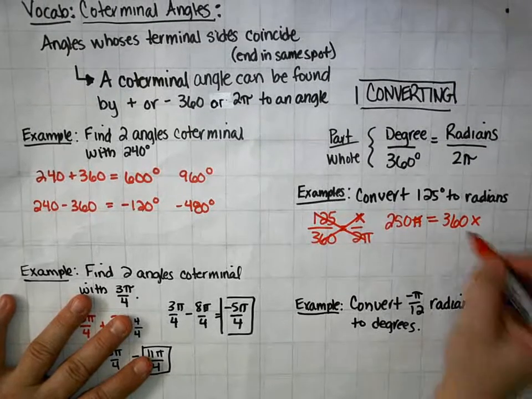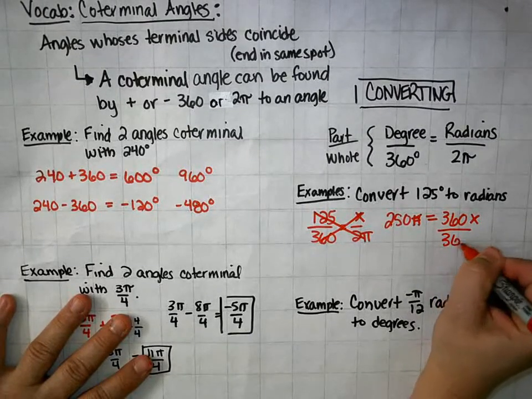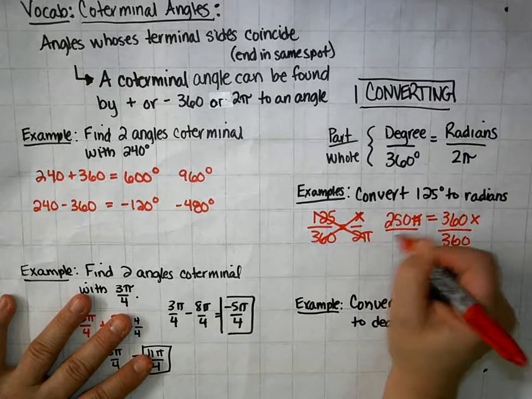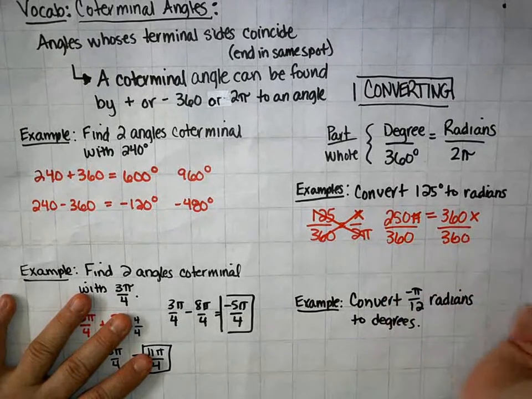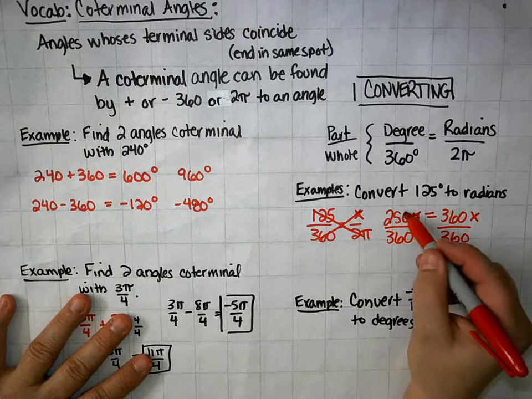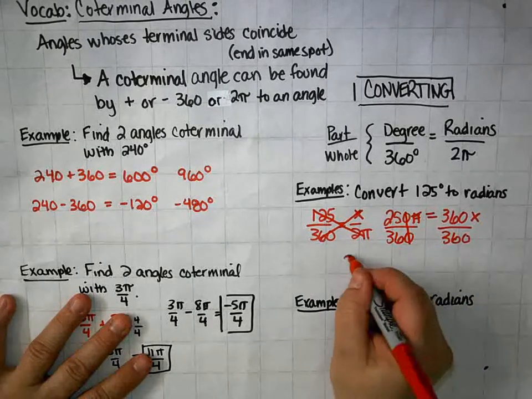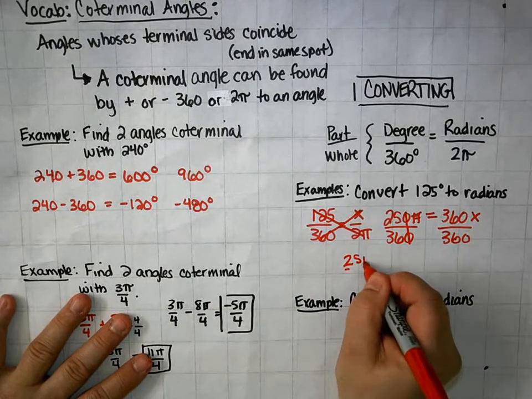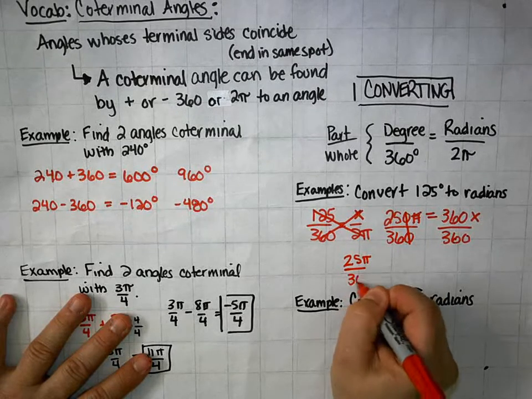To solve this equation, I'm going to divide by 360. I need to reduce these so the zeros easily cancel out, and my answer is 25 pi over 36.